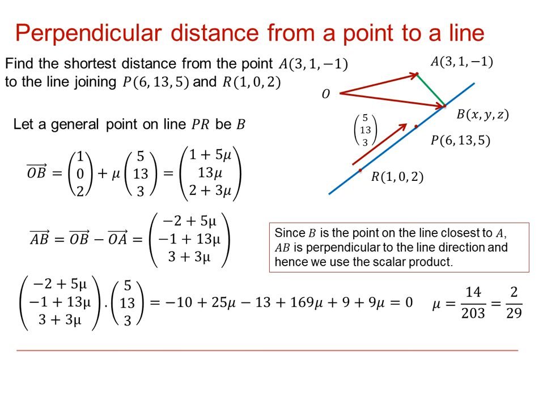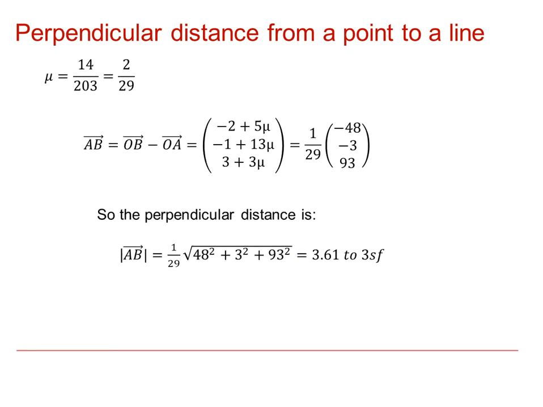We take the value 2 over 29 and substitute it into the expression for AB, and then that will give us a particular value, and hence we can find the length of that line by using Pythagoras' theorem. So there we are, taking our value mu 2 over 29, we get that AB is given by this expression on the second line, and therefore the perpendicular distance.